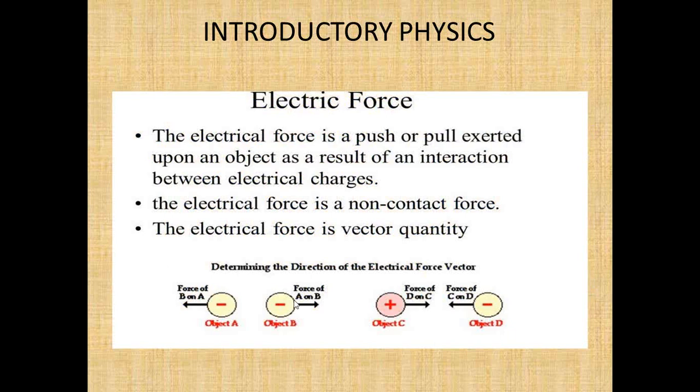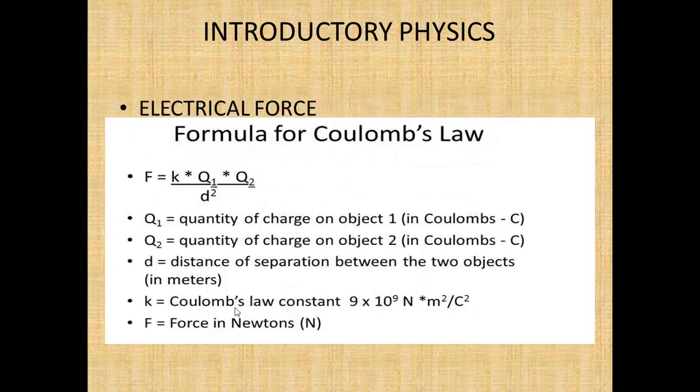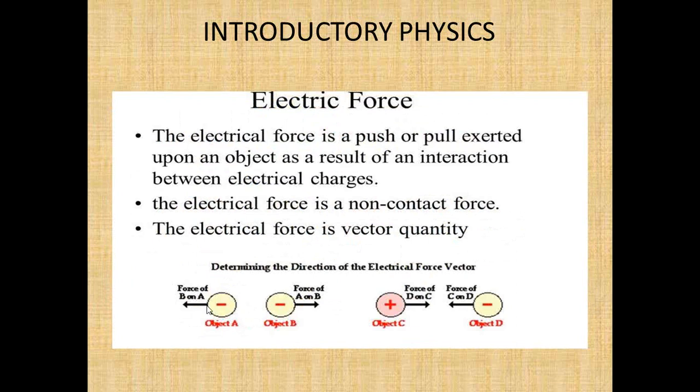if you have like charges, they're going to repel each other, and the repulsion is the force that we're talking about. So the force of repulsion between these two objects is dependent on the amount of charge that the two objects have. You're going to multiply the charges. The charges have to be in coulombs. So make sure you use the correct units.